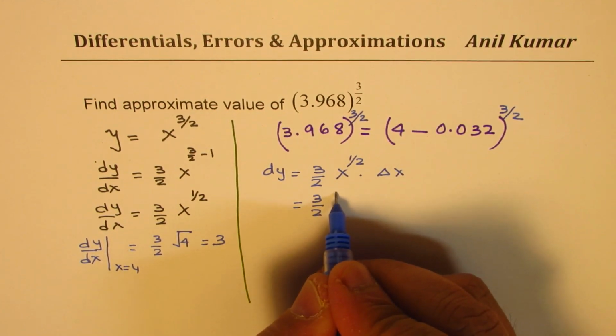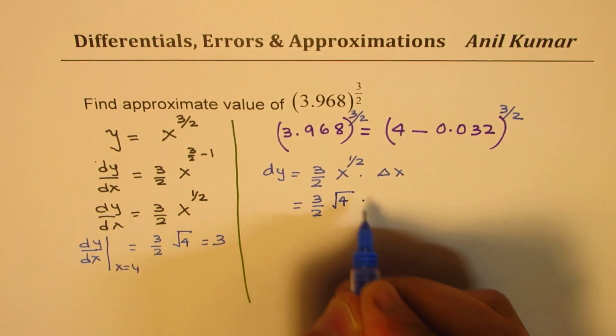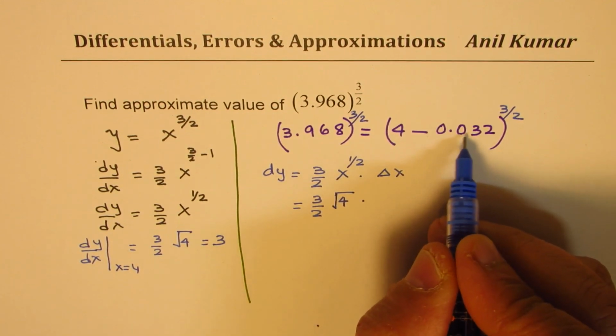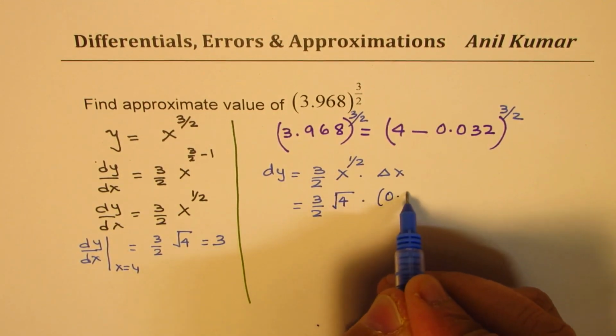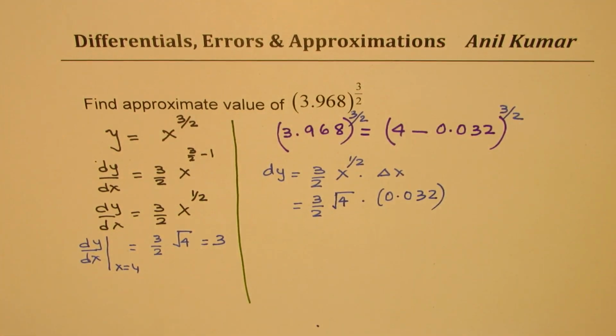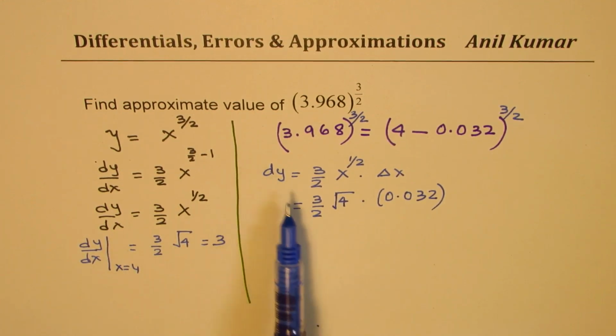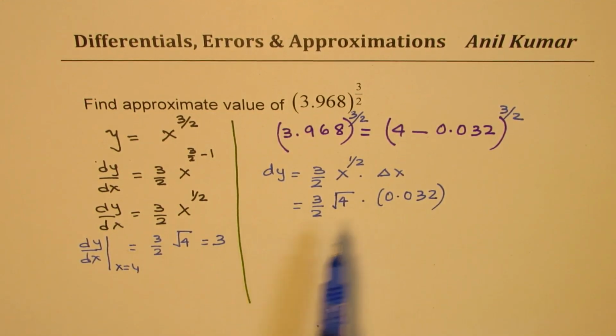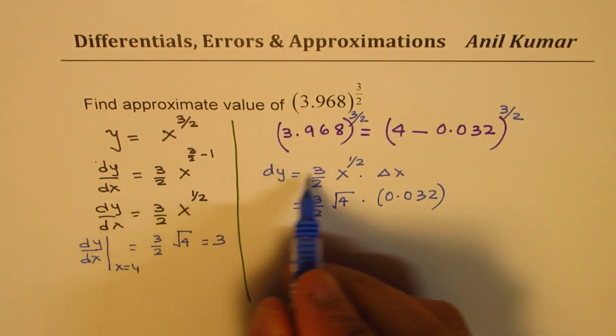So which is square root of 4 times the change here, which is 0.032, right? This is the change, 0.032, correct? So the change in value is that much. This was a gradient at this point. Is that okay? So that becomes your change in y.